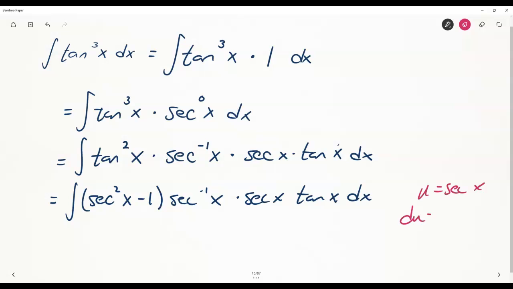So du is secant x tangent x dx. So what am I going to have? I'm going to have the integral of u squared minus 1 times u to the negative 1 times du.